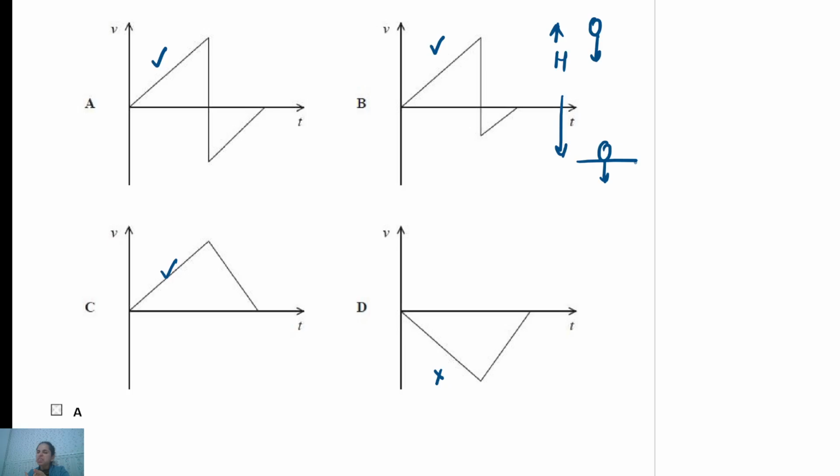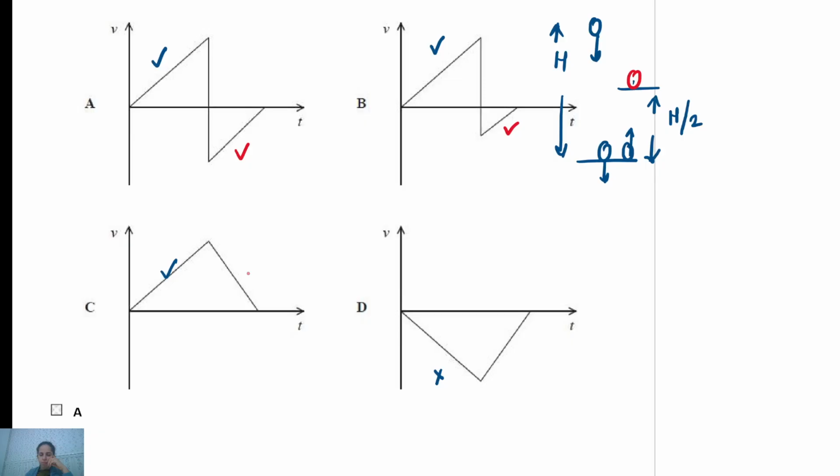Because it is bouncing back up, now the speed is reducing, and when it reaches the top position, the final speed will be 0. So I need the final velocity to be 0. So it could be this, it could be this, it cannot be this.